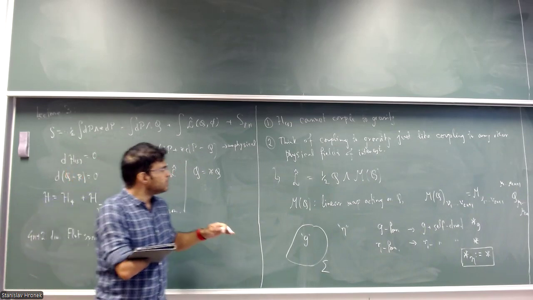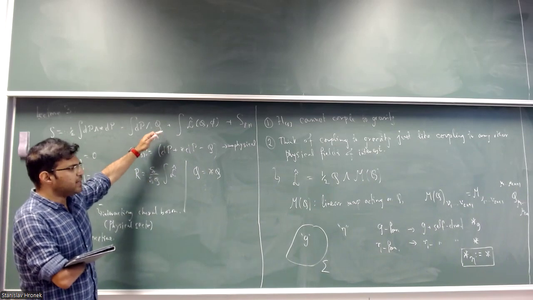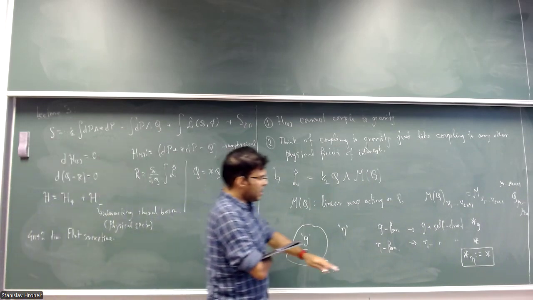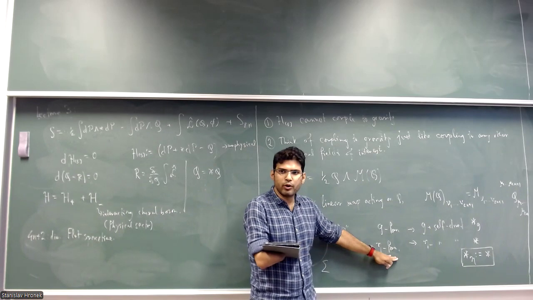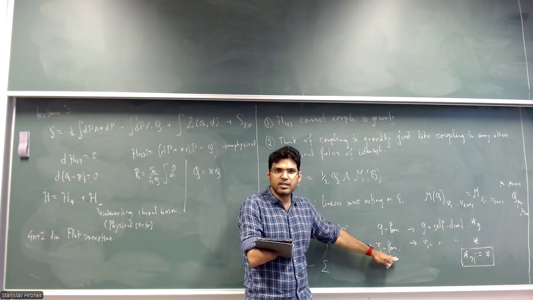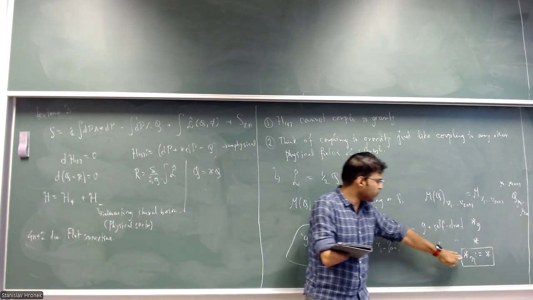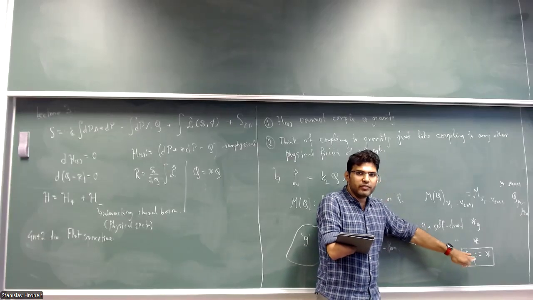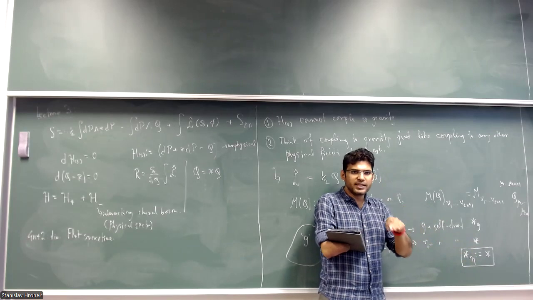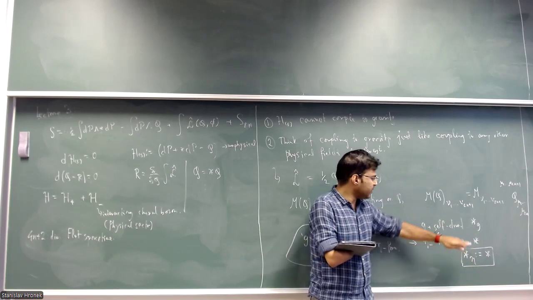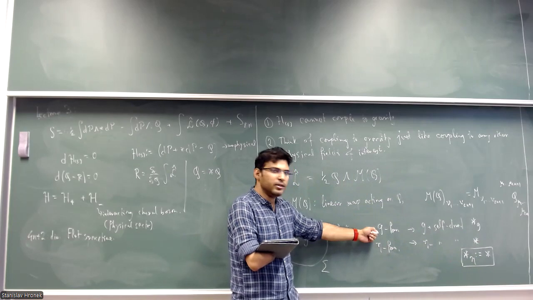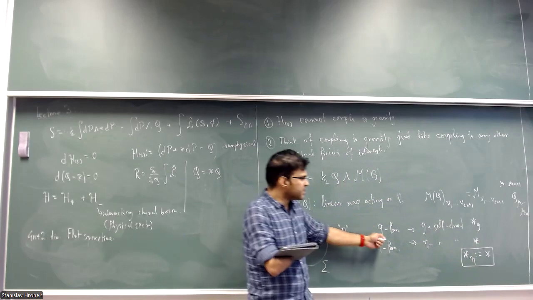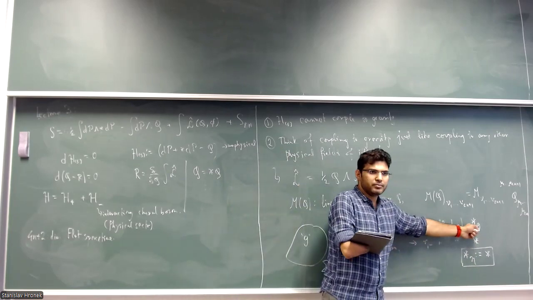So once again, the field variables that appear naturally in the action are these guys, what I'm calling eta forms, and some of them will have self-dual or anti-self-dual property with respect to star eta, or just ordinary star. But eventually, what is going to be the physical variable is something that will have nice properties with respect to G, and it should be self-dual with respect to this guy.